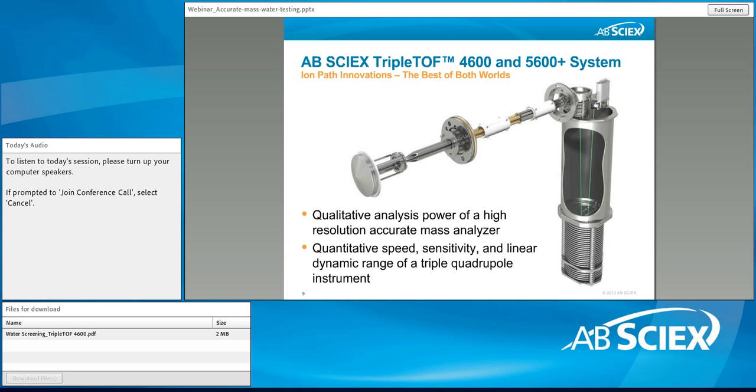And then we can measure there, based on their time of flight, the accurate mass of molecular ions or fragment ions. And by design, the instrument combines the power of qualitative analysis with many features which are necessary for quantitative analysis, such as sensitivity and speed and linear dynamic range for quantitation.